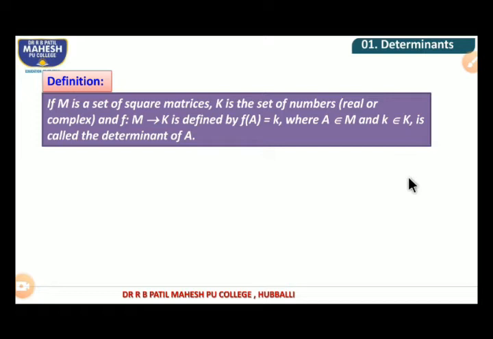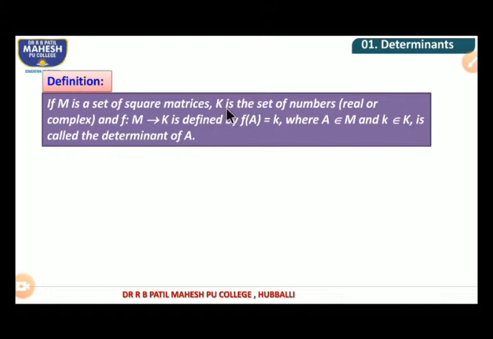Definition of the determinant: if M is the set of square matrices, K is the set of numbers, which may be real or complex, and F from M to K is defined by F of A equals k, where capital A belongs to M, meaning A is one of the members of the set of square matrices, and small k belongs to capital K, meaning k is a member of the set of real or complex numbers.